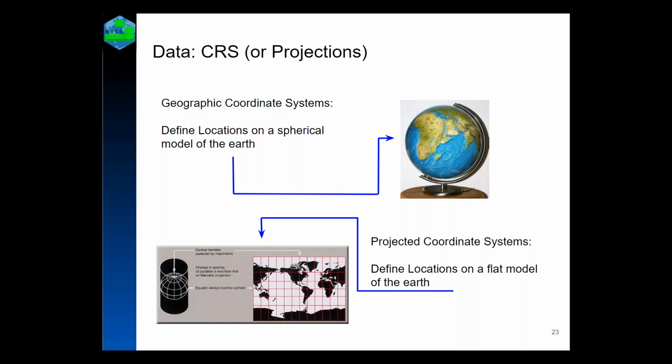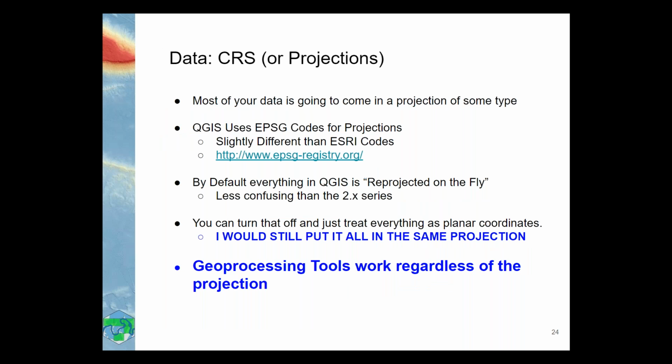But QGIS handles just about everything as far as projected coordinate systems. It reprojects on the fly. So if you bring in data in 4326, or whatever the native Florida projections are that you're dealing with, it will organize and put all these things together for you.